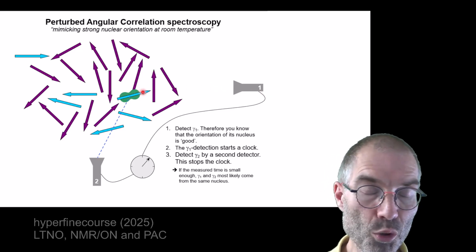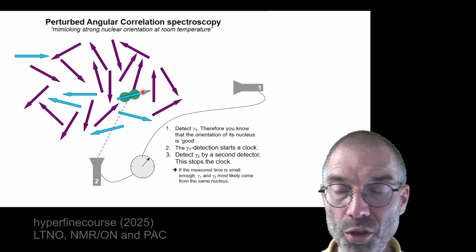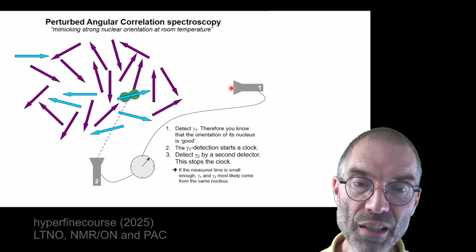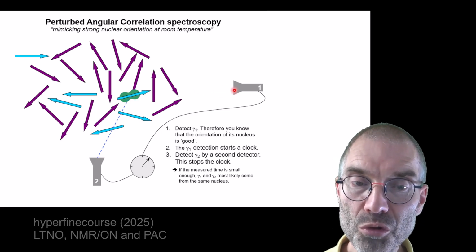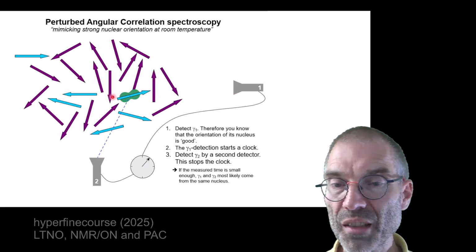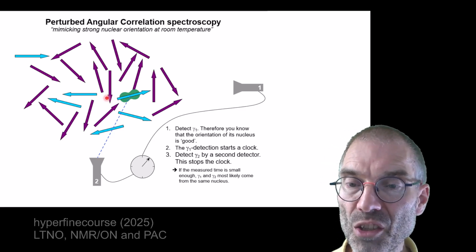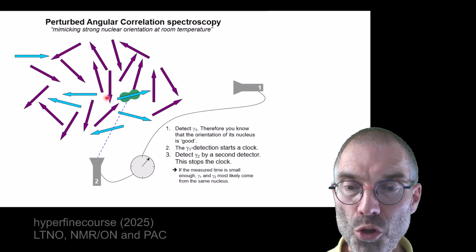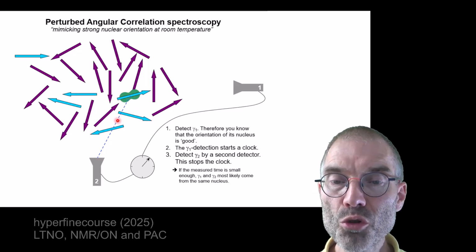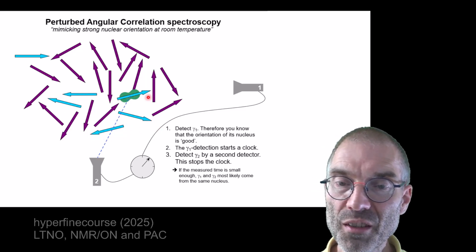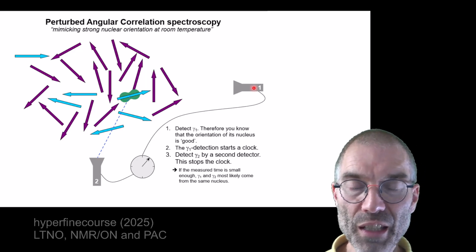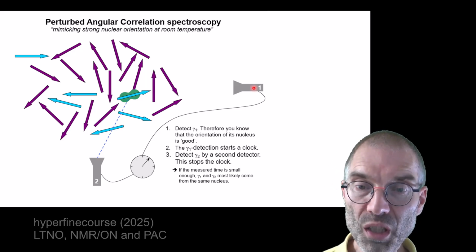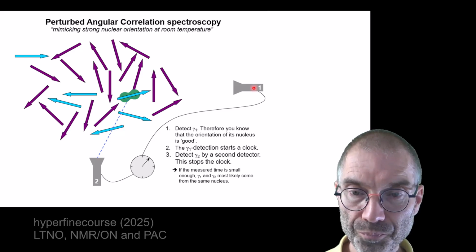Not always, but generally spoken, there will be more nuclei that are pointing in this direction and emit their photon into that detector than nuclei that are pointing in a totally different direction. So if you would be able to continue your experiment only with those nuclei that have emitted their photon in the direction of detector 1, then you would effectively work with an oriented sub-ensemble.